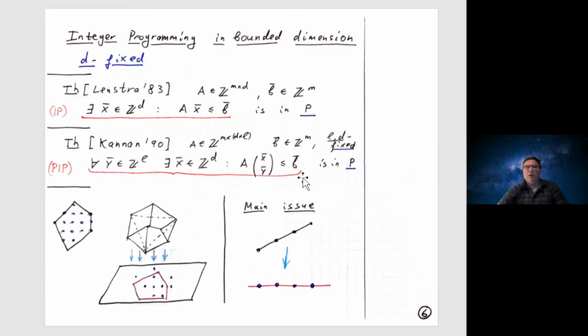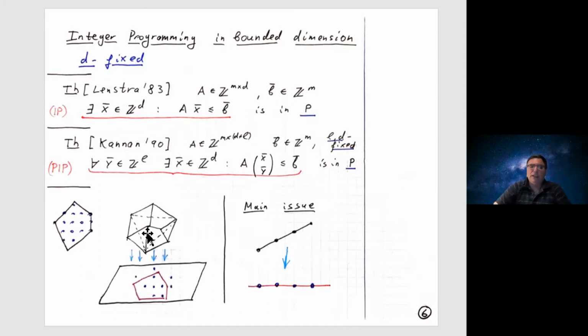Now, before I move on, let me explain what's going on and what the issues are. The first problem is a rather simple looking problem, we're asking whether there are integer points in a polytope. So everyone should be clear what that means. However, the second problem is a little funny.